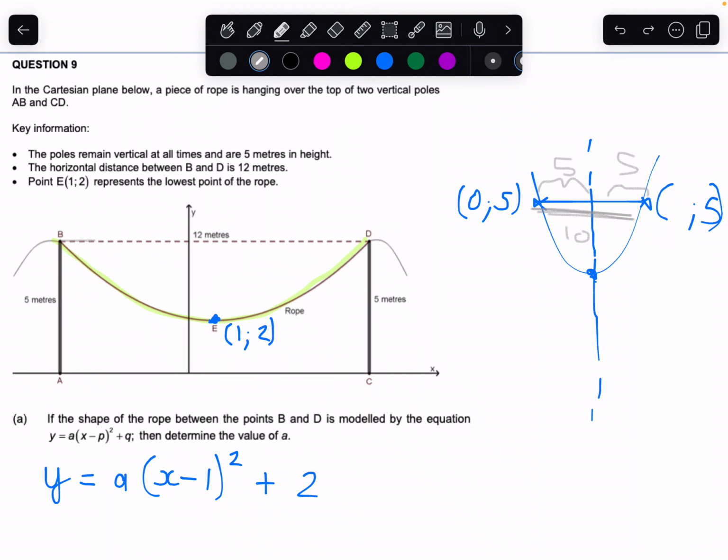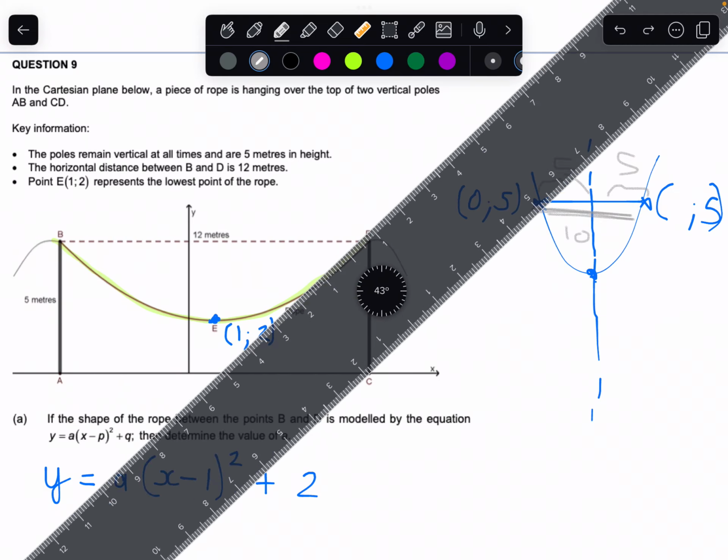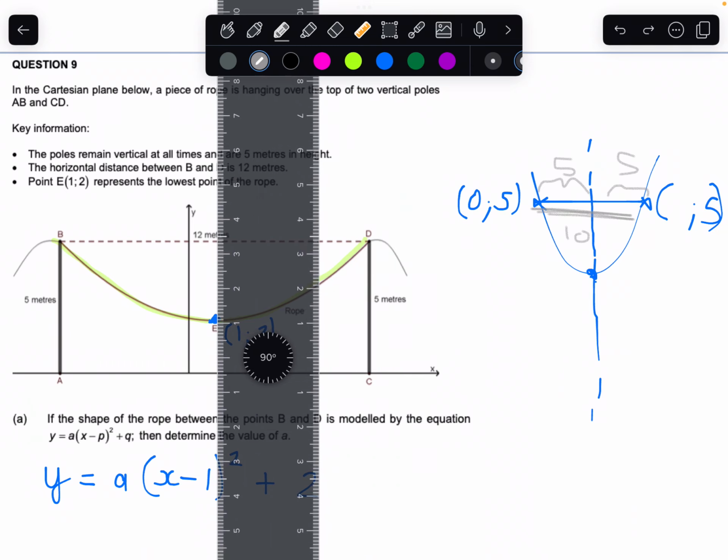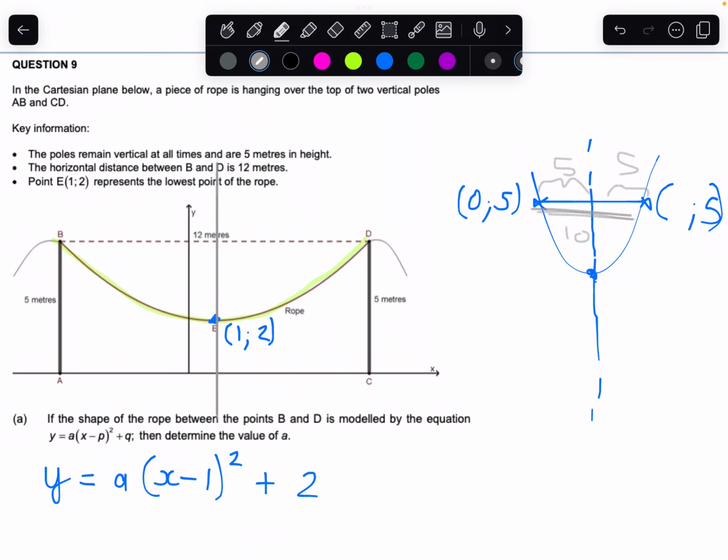So we're told this whole distance is 12, right? So let's imagine our axis of symmetry coming down here. So what we know is that this gap over here will be 6 meters, and this gap over here will be another 6 meters, right?